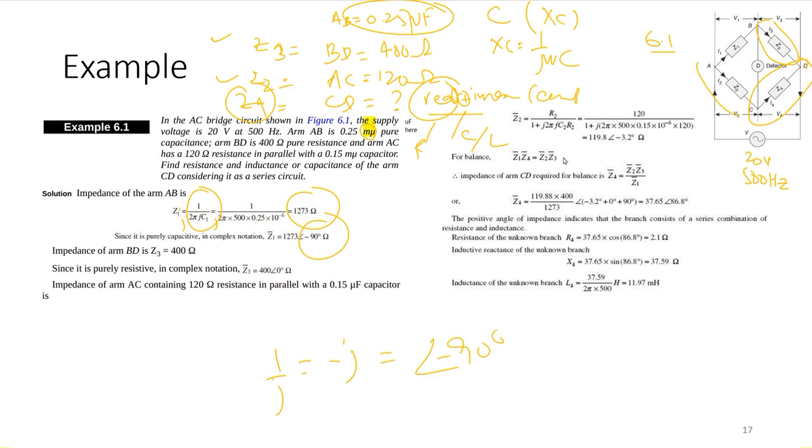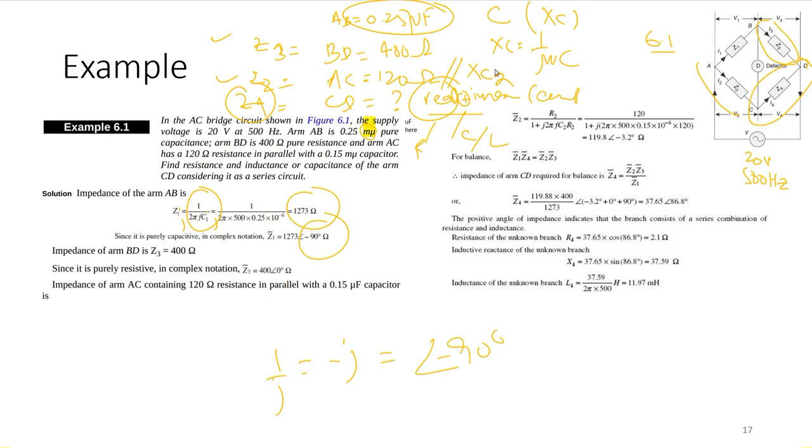Now we apply the balance condition. Here is another thing: this 120 ohm is in parallel with another 0.15 microfarad capacitance. So it is not only 120, it is in parallel with an XC2.